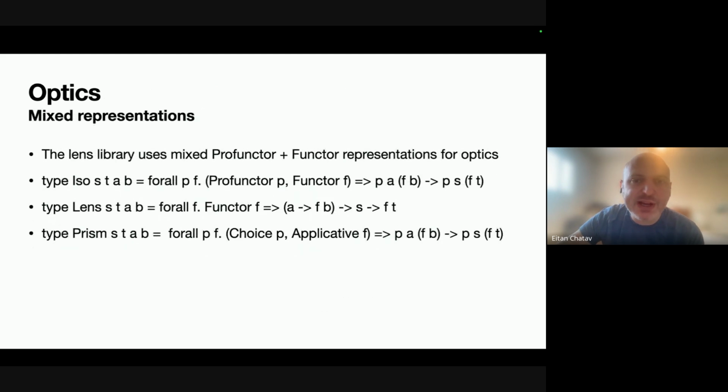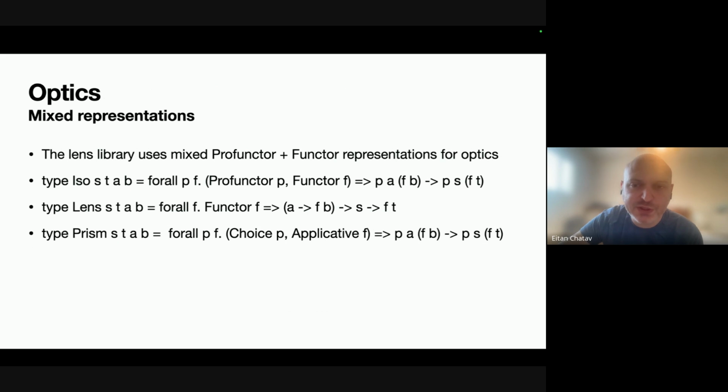And in the lens library, they actually use a mixed representation with both profunctors and functors, where optics are a function from p a (f b) to p s (f t). So for isos, now we have the constraint that the p must be a profunctor and the f must be a functor.